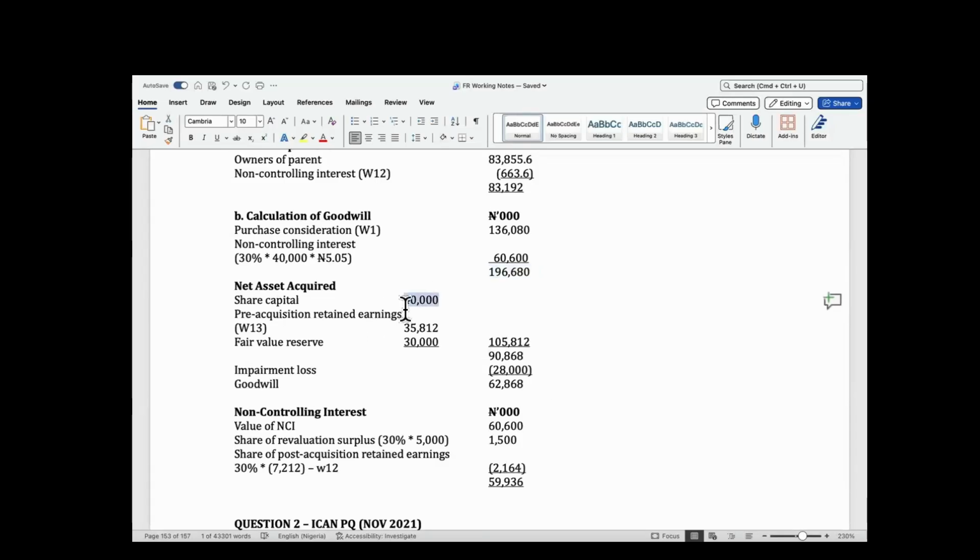The share capital of the subsidiary is 40,000. Pre-acquisition retained earnings, we work that out in workings 13. Then the fair value reserve of 30,000. So my net asset acquired is this. If I net it off, I have a goodwill of 9,868. There was an impairment loss of 28. So the balance of my goodwill is this.